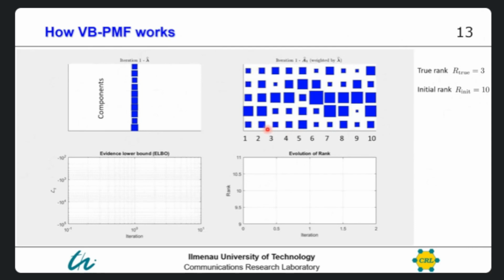These are the columns of the factor matrices. There are 10 of them initially. But here I've also weighted each column by the corresponding value of lambda. And then here we have the evidence lower bound, which is the objective. And then here we have the evolution of the rank. So let's look at this animation.